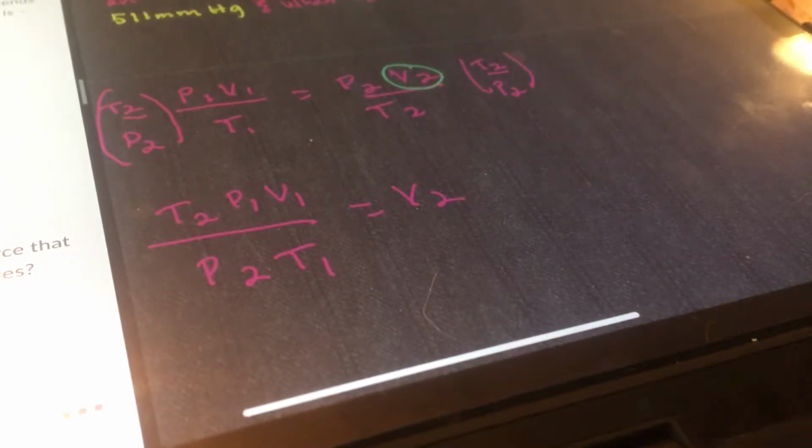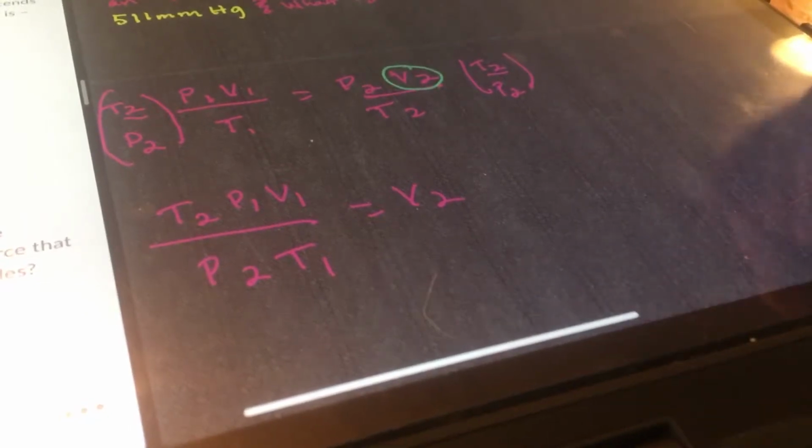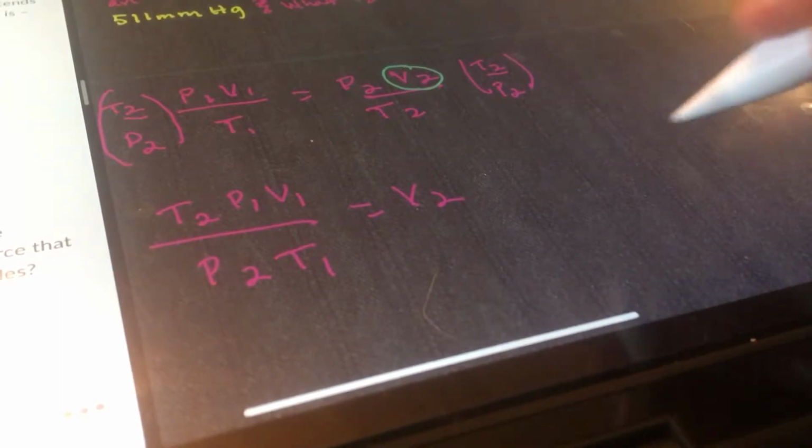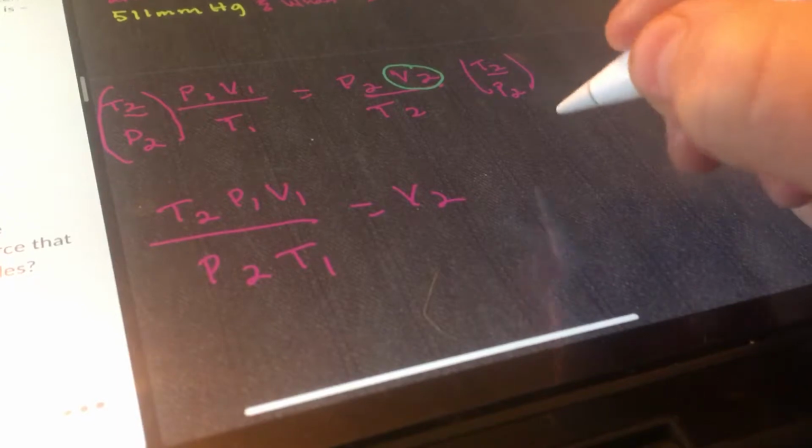So P1, V1, T1 are all the initial numbers that we have when the balloon is at 760 millimeters of mercury.